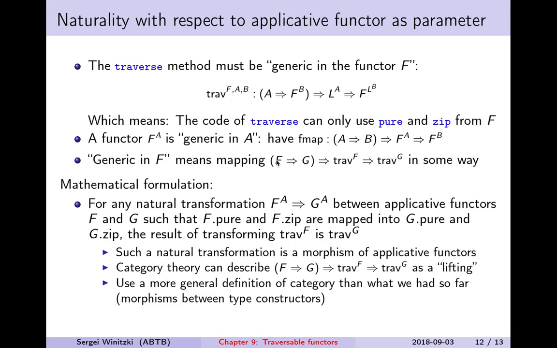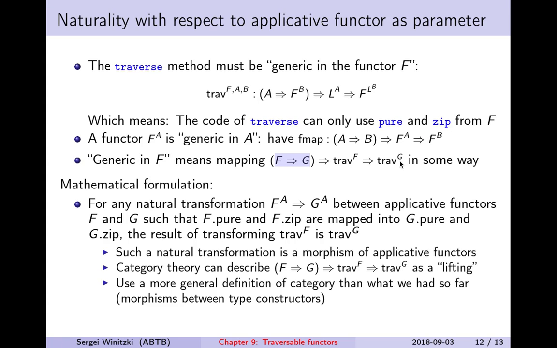But a morphism, as we defined it, was always between two types. And now we don't have types, we have type constructors. So we need basically a morphism between type constructors. So that's more precisely between applicative functors. So a morphism between applicative functors, that's what we need to lift into a morphism of traversable functors.